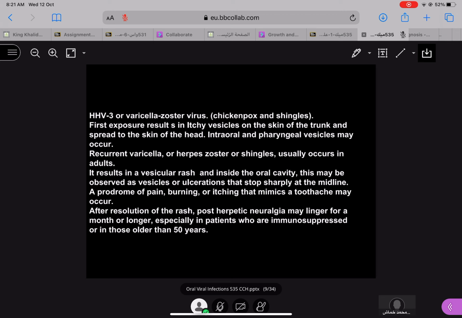Postherpetic neuralgia may last for a month or longer, especially in patients who are immunosuppressed or older than 50 years. That means anyone over 50 years will have somewhat impaired immunity, unlike young people.